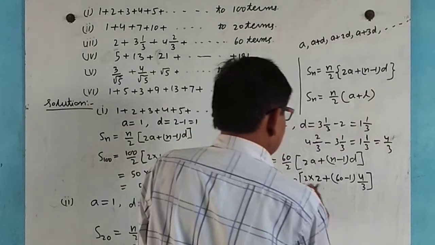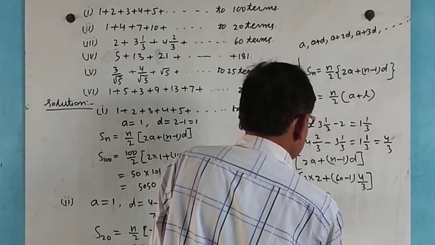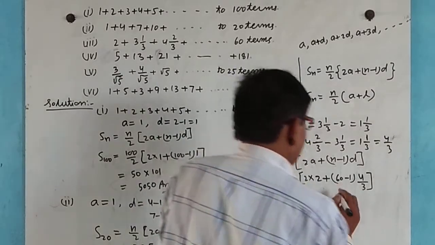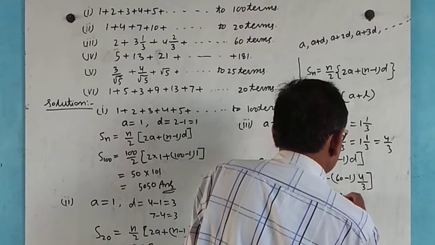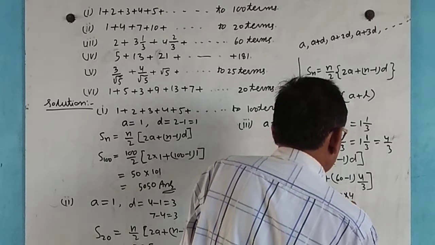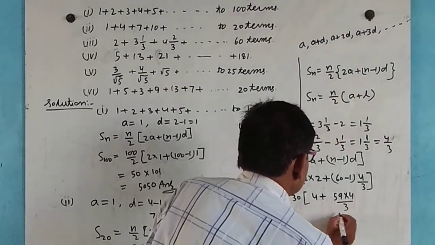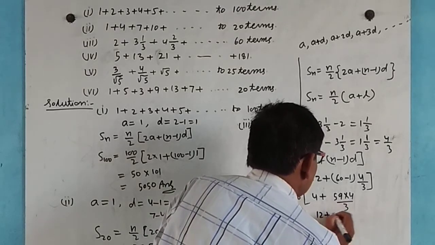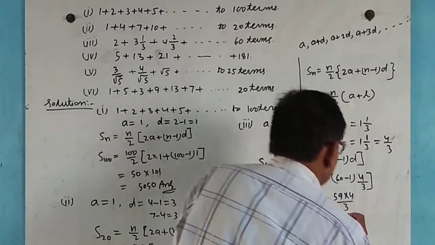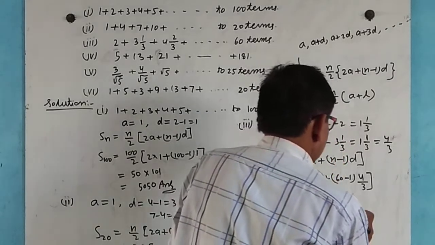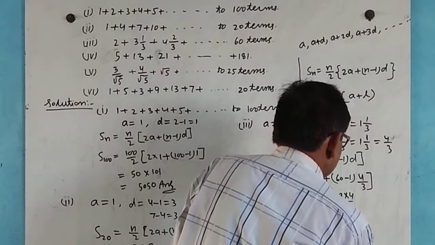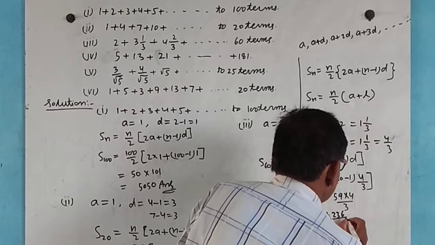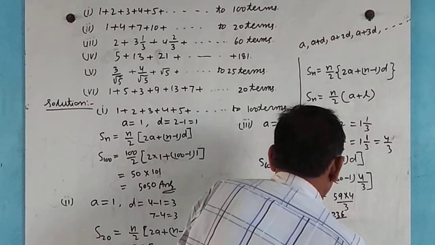Now 30 into this is equal to 2 into 4 plus this is 59 into 4 by 3. Now here 30 divided by 3 is 10, 10 into 4 is 40 plus 4 times 59, that is 236, which is 276.